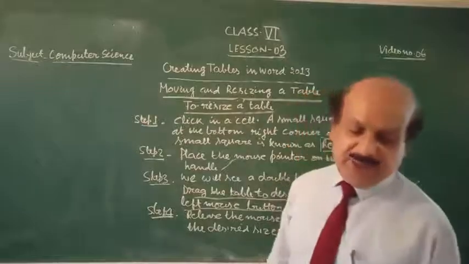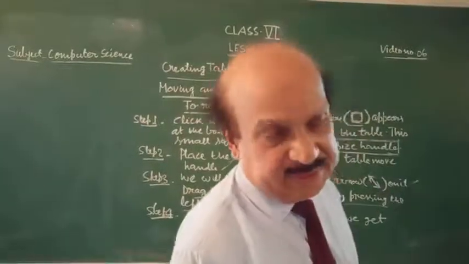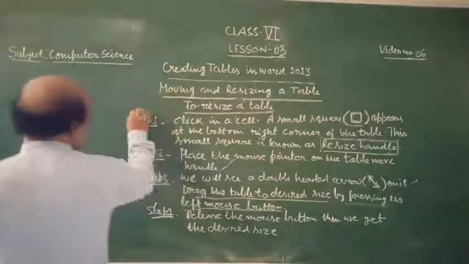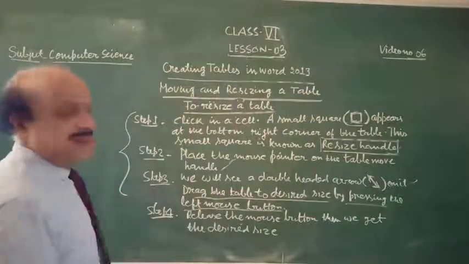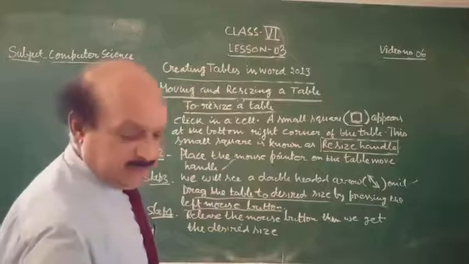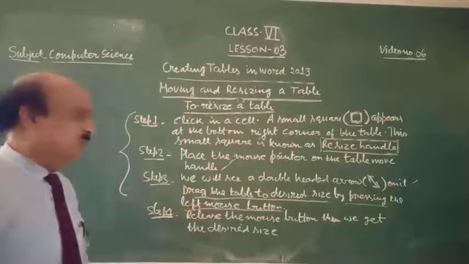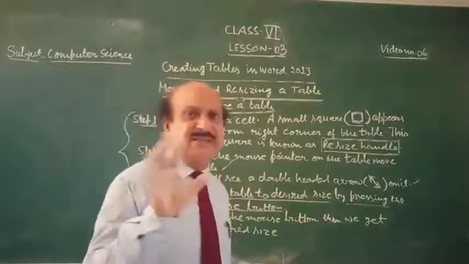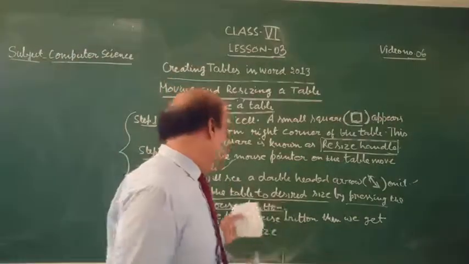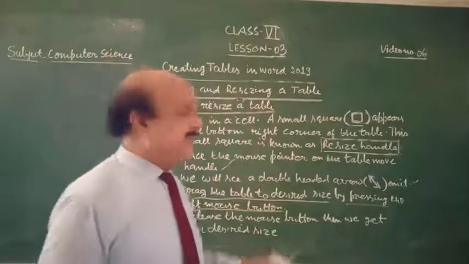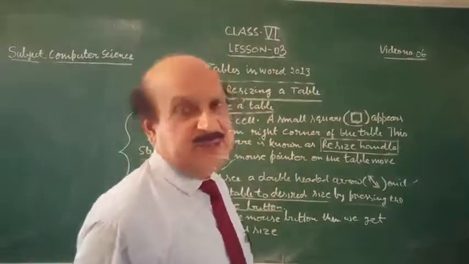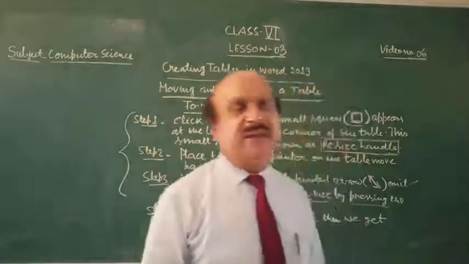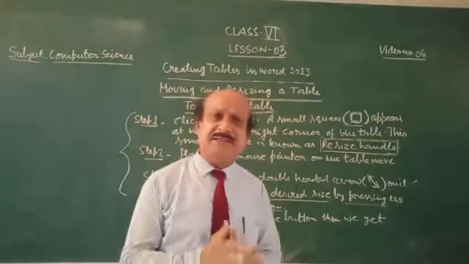Steps 1 to 3 are completed, and because you are keeping the finger on the mouse button, where the size is completed, you release the mouse. Whenever you release the mouse, you will find the size you have selected, and the table will display on the screen after resizing.